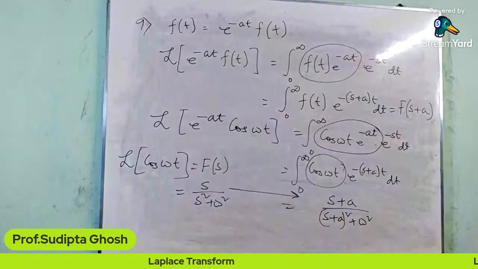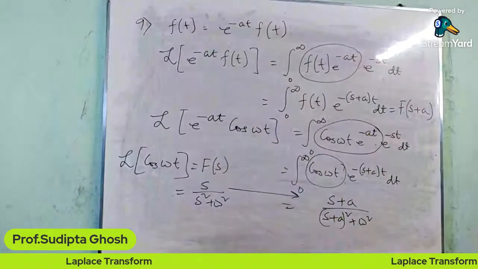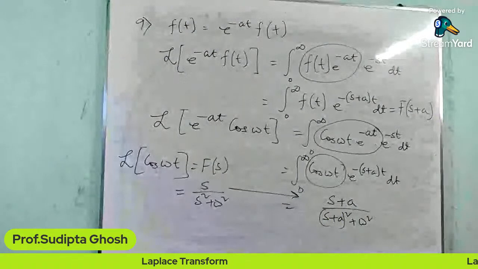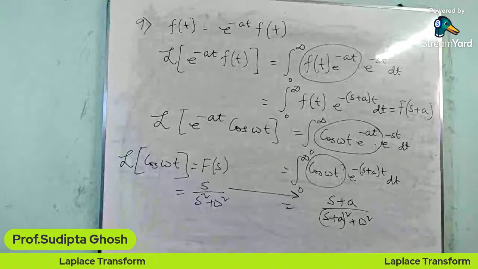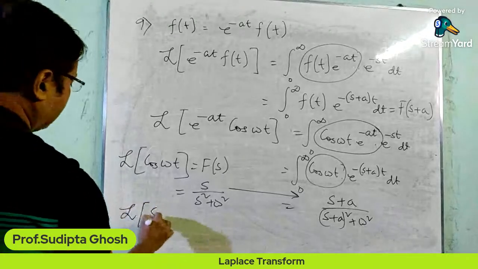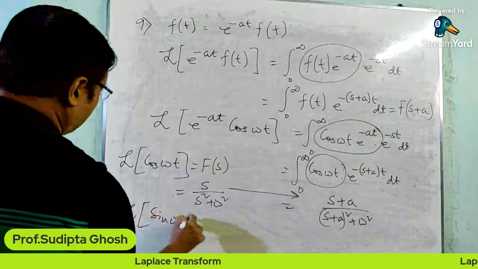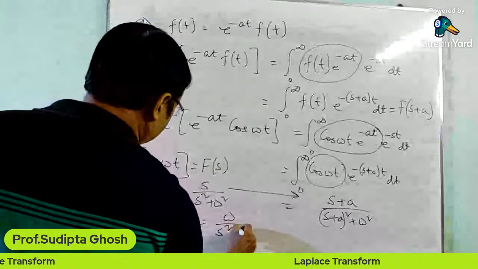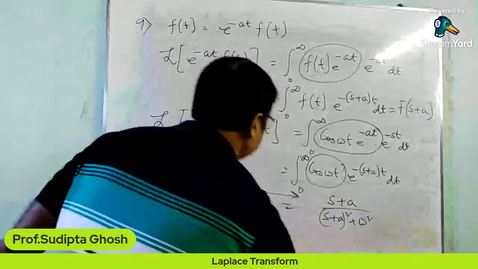Now if the function has a value of e to the power minus at sine omega t, we have the Laplace transform of sine omega t as omega by s square plus omega square. So what will be the value?